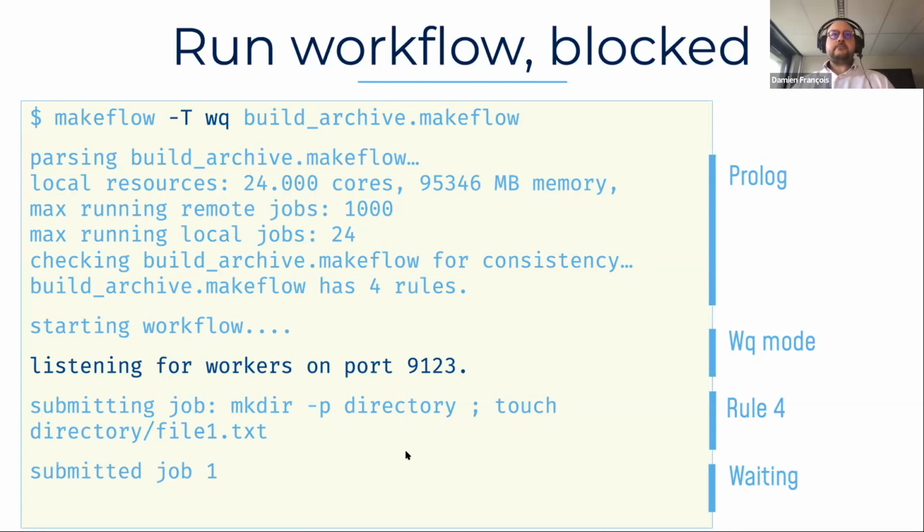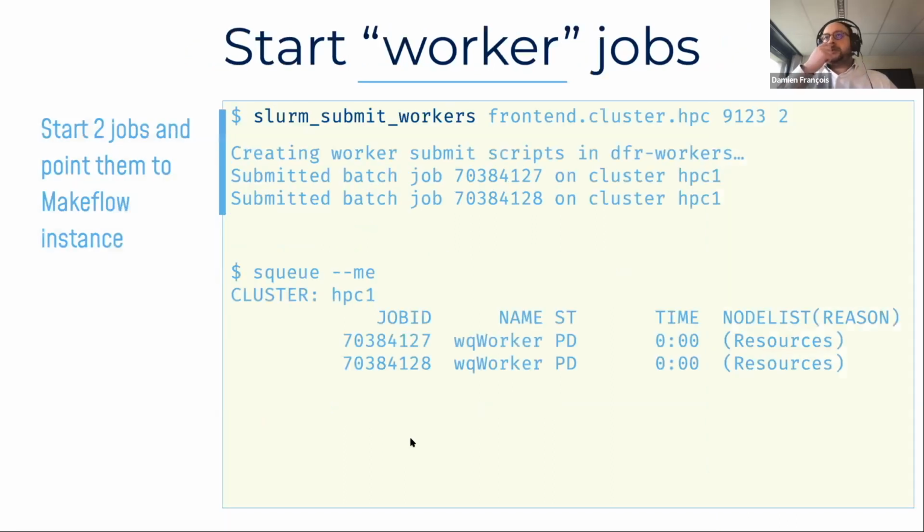register. With that running in a terminal, you would start another terminal where you would run the command to submit the jobs. Makeflow comes with commands to submit jobs with workers to all the typical schedulers that exist.